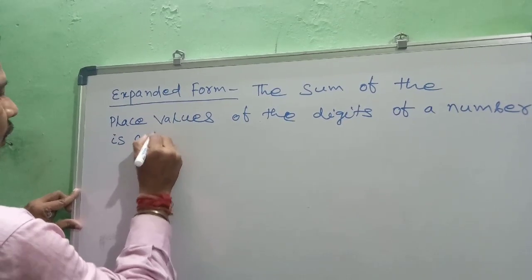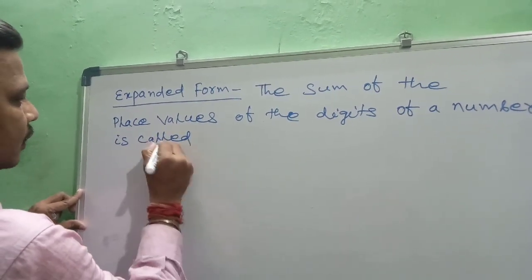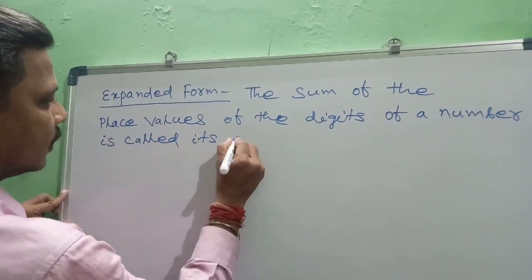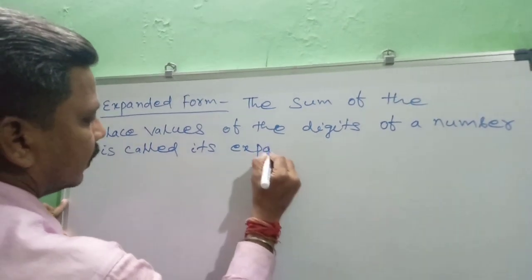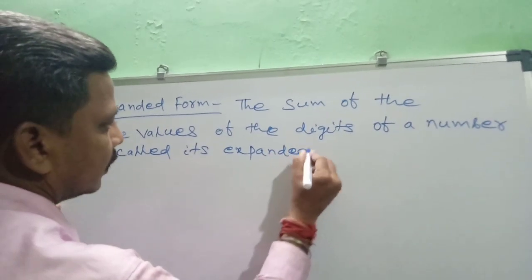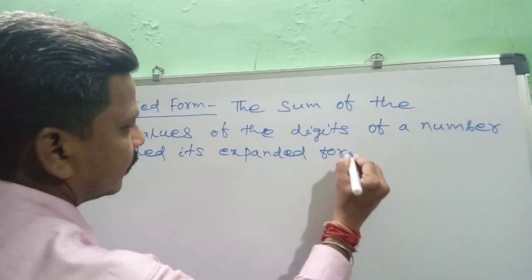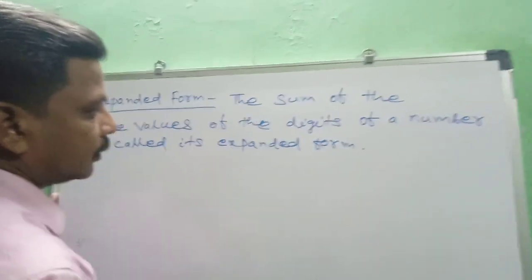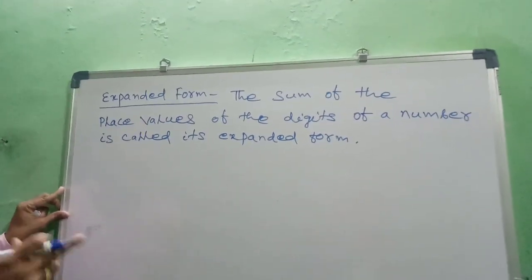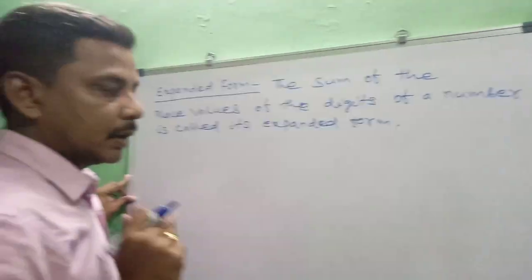That is called its expanded form. Means we have to expand the number according to the place value of every digit.